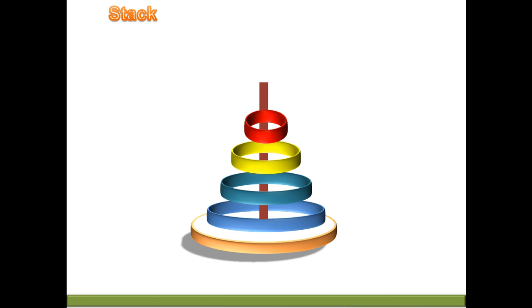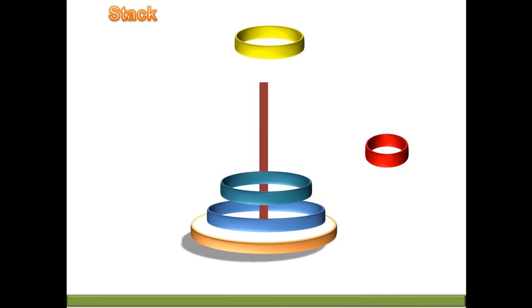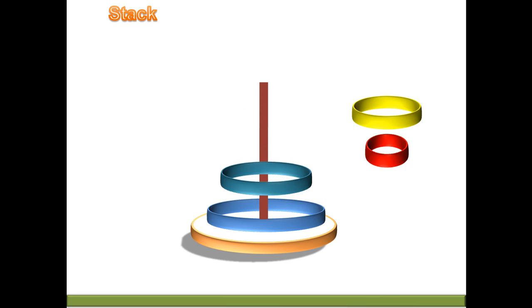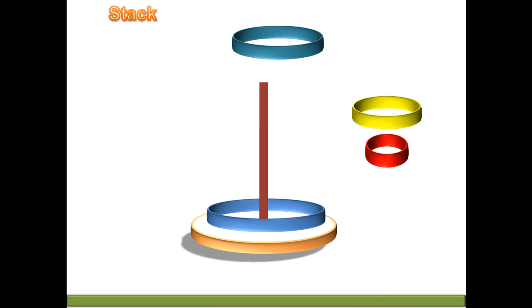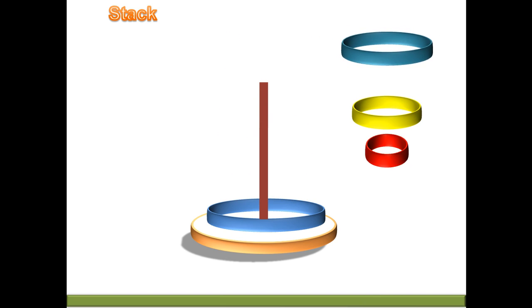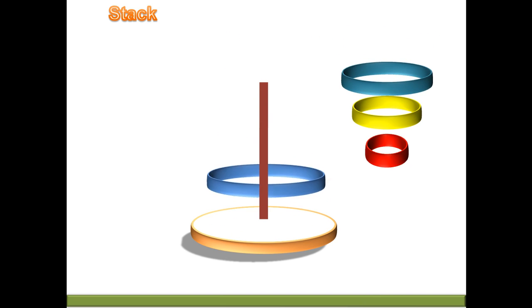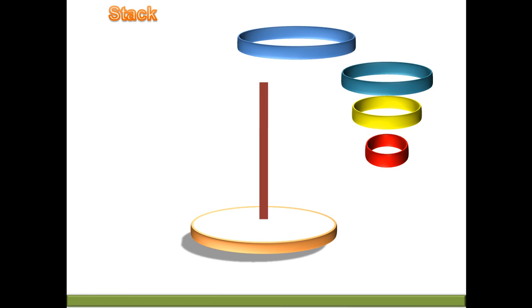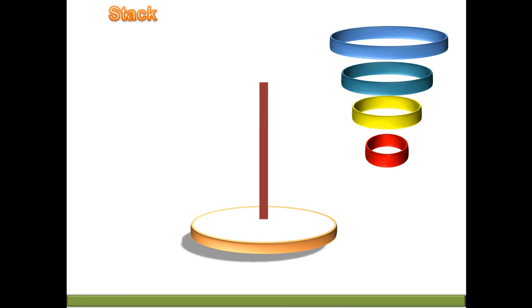As this is a stack or a LIFO, the red ring will come out first. Let's see it. So here you can see the latest item in the system will be accessed first. So finally the biggest ring moves out of the system last.